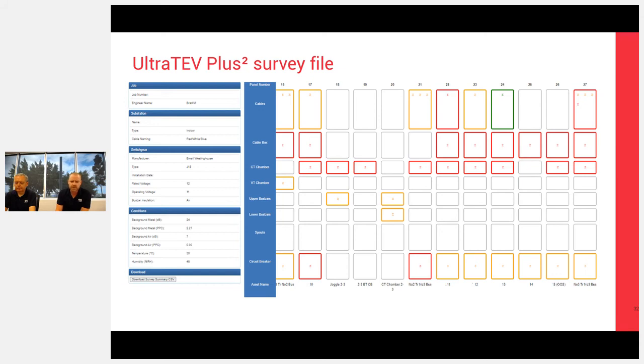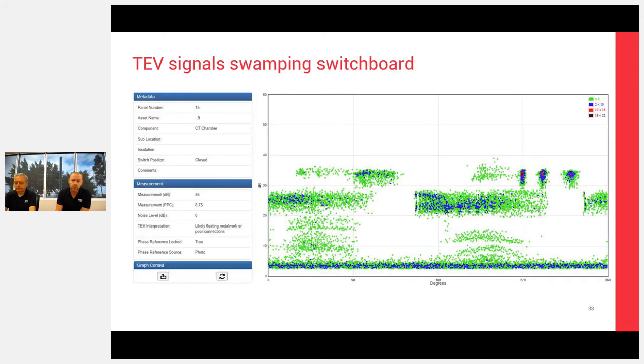So this next slide is a typical example of what I was finding. So this pattern here, where you can see these big rectangular boxes, these sharp lines of events. This was a level of 36 decibels and 8.75 pulses per cycle. All that stuff is indicative of, how I said before, contact or floating metalwork type issues.